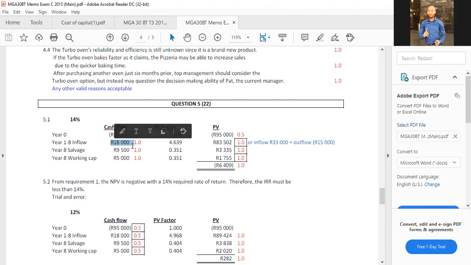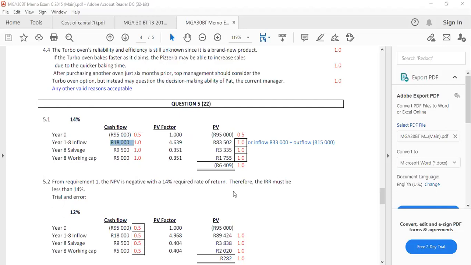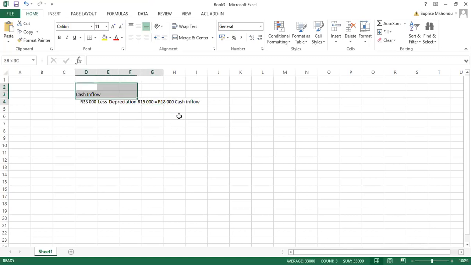The 18,000 is constant for the next 8 years. So now I'm not going to explain this exercise; I'm going straight to the current one. Let me just go back and look for it.